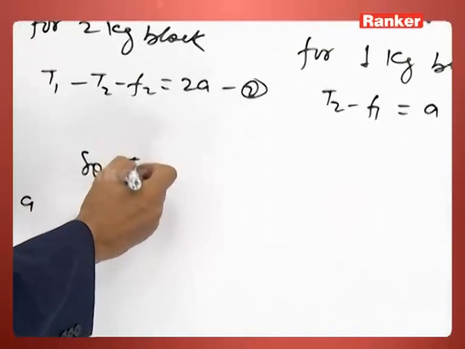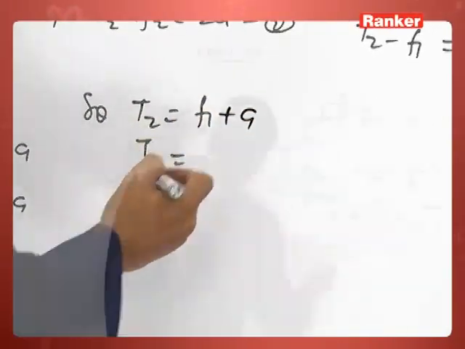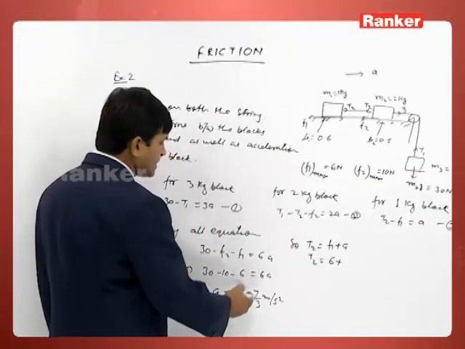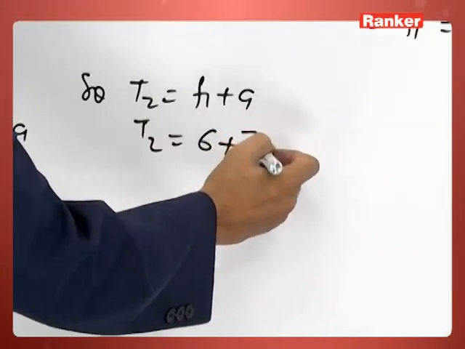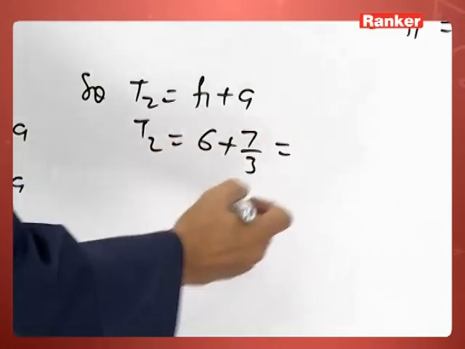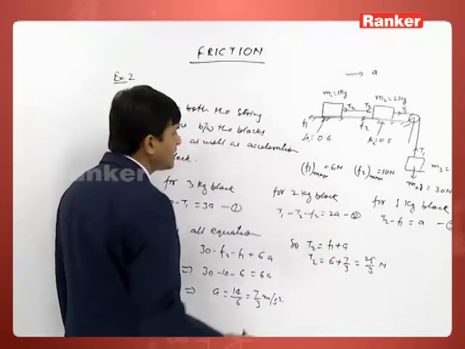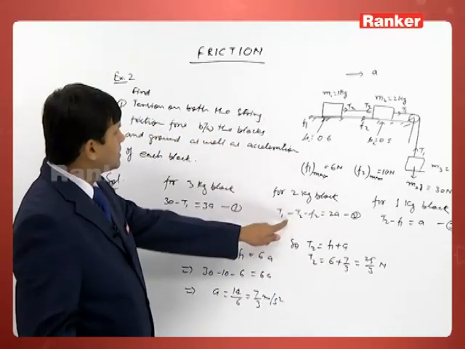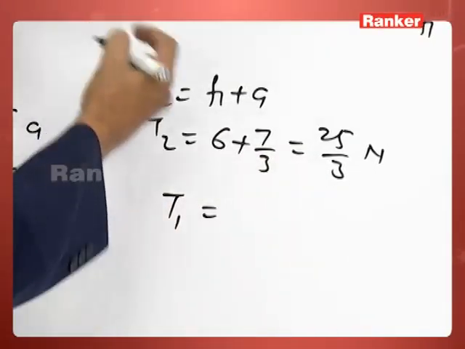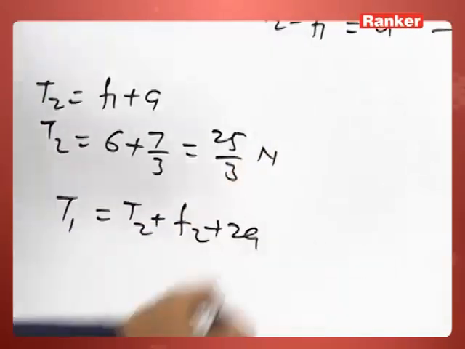Now T2. T2 will be F1 plus A. F1 we have already found is 6 and A is 7 by 3. This becomes 6 into 3, 18 plus 7, so 25 by 3 Newton. Similarly, we can get the value of T1 also. T1 is equal to T2 plus F2 plus 2A.